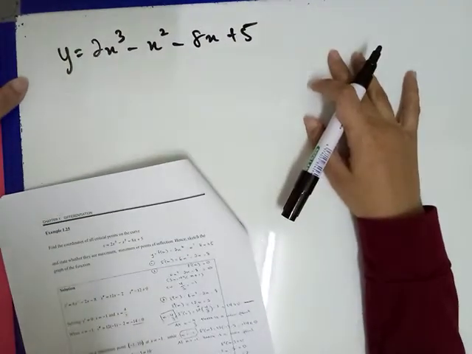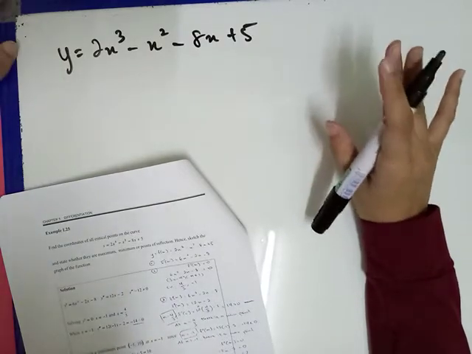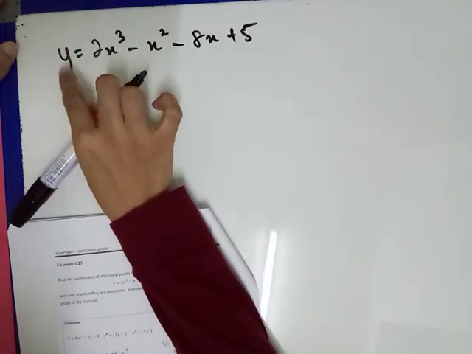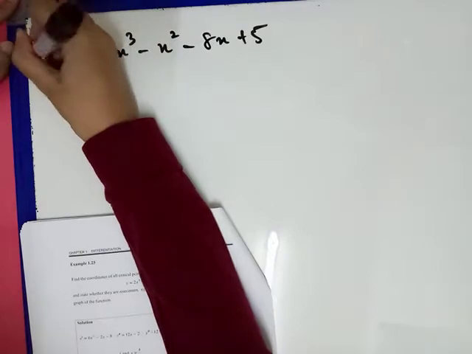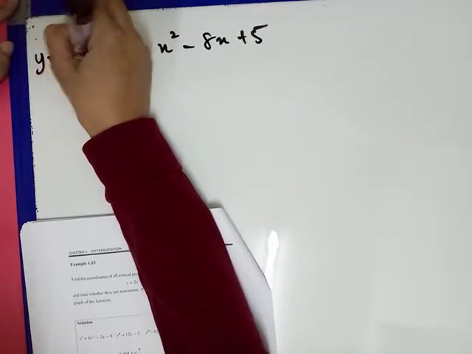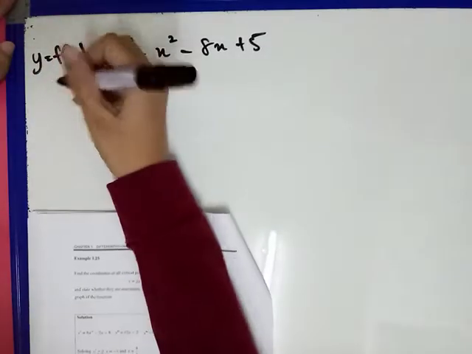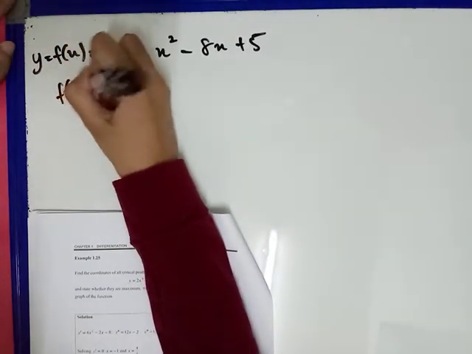And then the first step is you need to find the first derivatives. That means you need to differentiate. y equals to f(x), they are the same. So you need to differentiate to find the first derivatives.